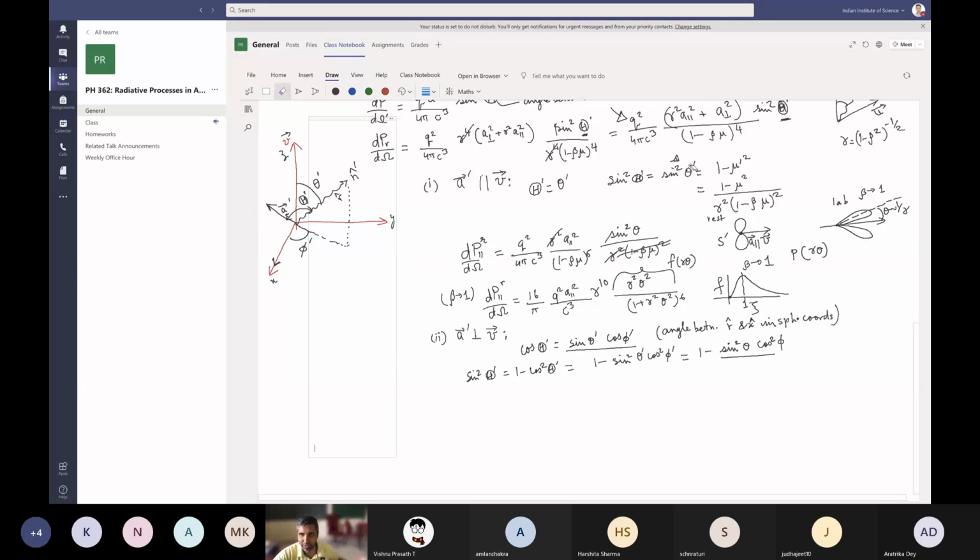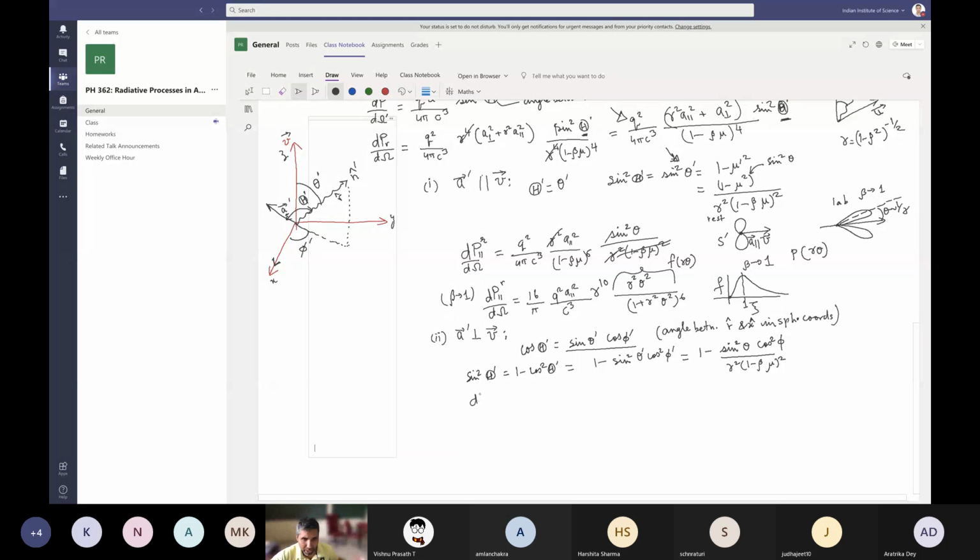This is what we are after. So sine squared theta prime is sine squared theta divided by gamma squared (1 minus beta mu) whole squared. Okay, so this is what we get for sine squared theta prime.